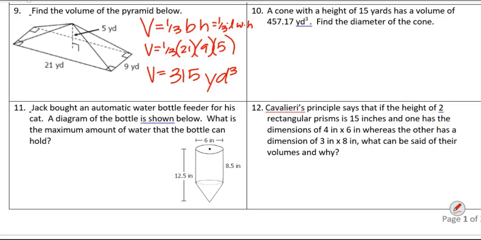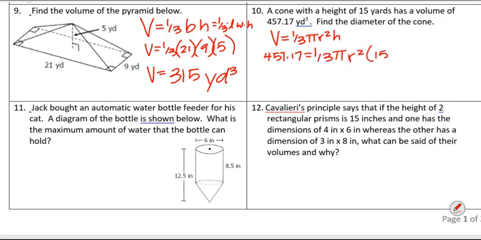Number 10 says a cone with a height of 15 yards has a volume of 457.17 yards cubed. Find the diameter of the cone. On this one, again, we're looking for the volume of a cone, so that's 1/3 pi r squared h. We're given the volume, so 457.17 equals 1/3 pi r squared, and our h is 15.